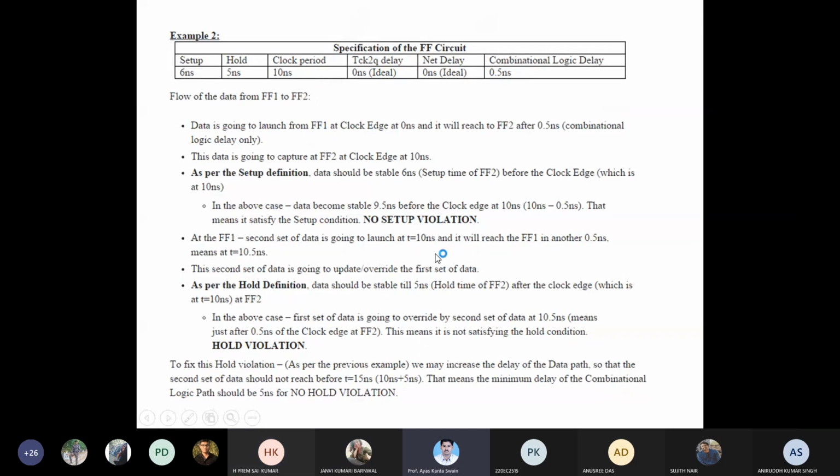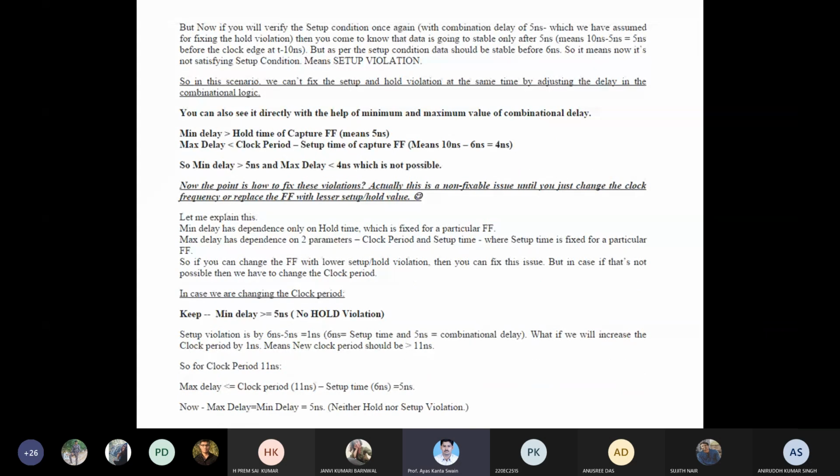If you take your combinational logic delay as 5, then the data is reaching after 5 nanosecond, but we required it at 10 minus 6, at 4 nanosecond. So slack is -1. So there will be a setup violation.